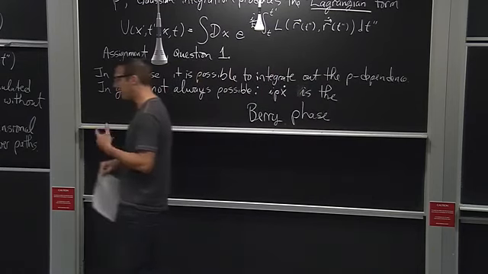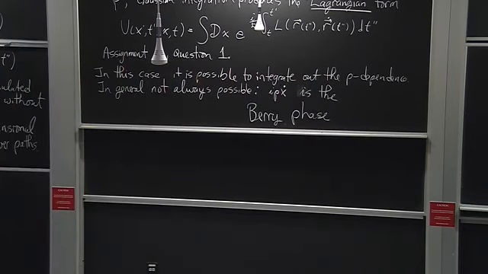So in the cases when you can't do that integration, you're left over with a Berry's phase. And the Berry phase, it's manifest in different ways for different Hamiltonians. We'll study it in detail when we look at the spin coherent path integral.